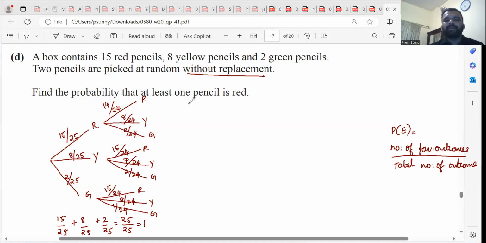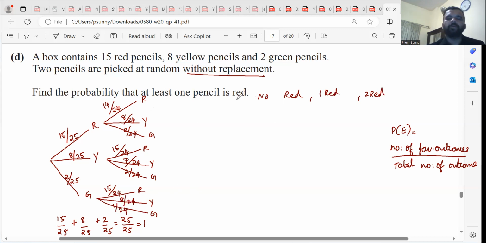Find the probability that at least one pencil is red. We are taking 2 pencils, so the possibilities are no red, one red and one another color, or both red. These are the only 3 conditions we can get when we consider red.